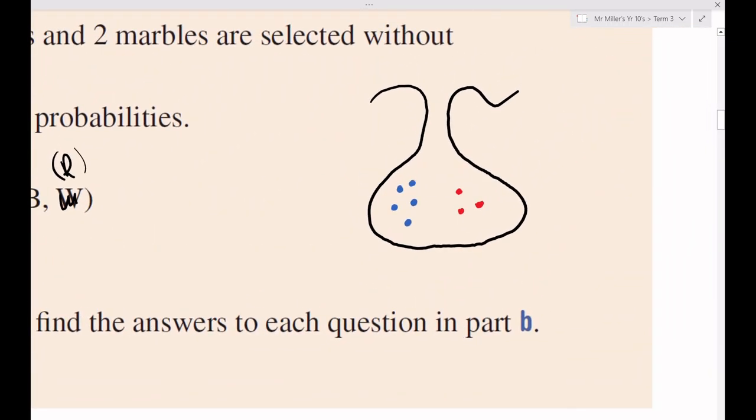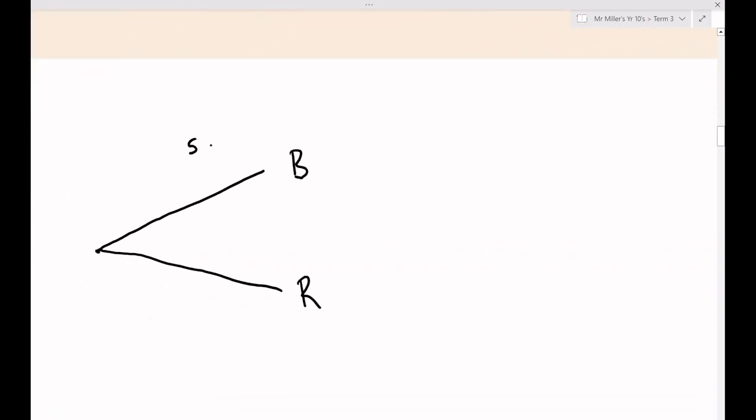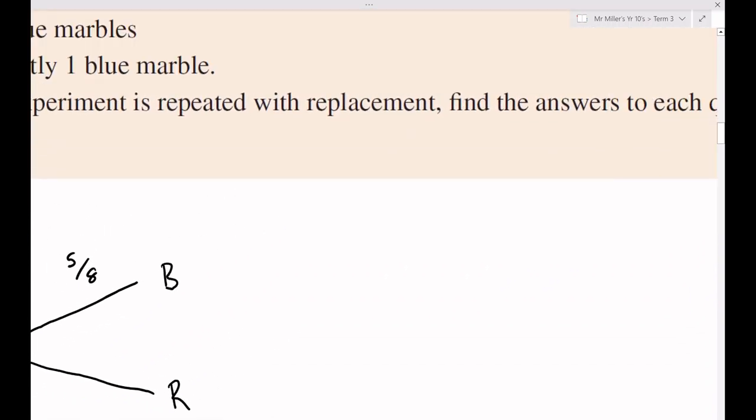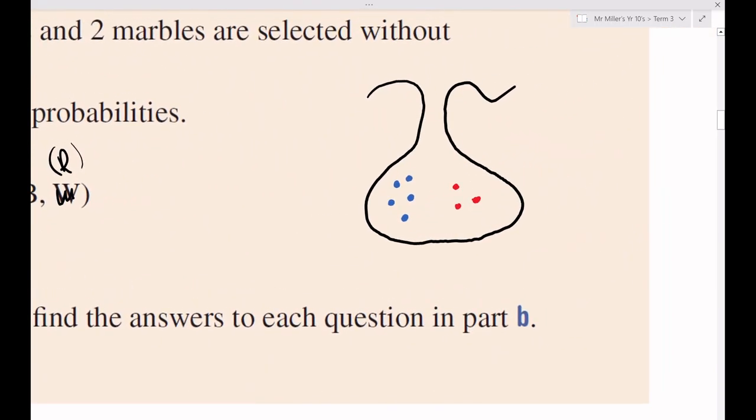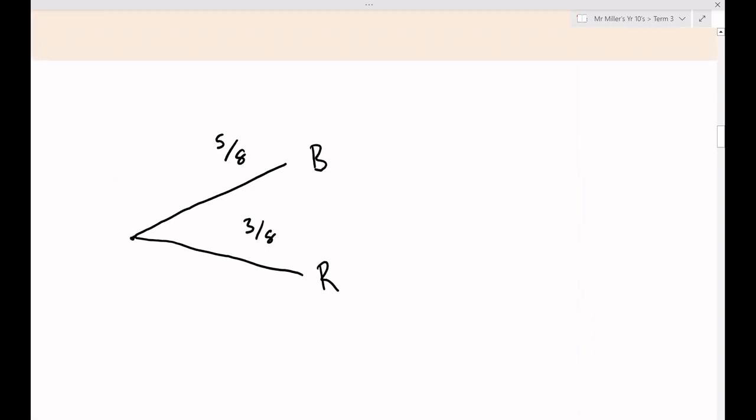The chance of me selecting a blue would be 5 out of 8, because there's 5 blue marbles out of a total of 8 in that bag. Chance of me selecting red would be 3 in 8. Okay, so that's my first event done and mapped out.